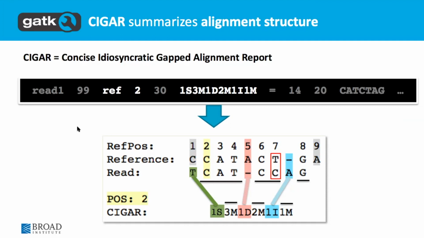There are 3 matches, 1 deletion, 2 matches, and one insertion and another match. When I say matches, I don't mean exact base match. For example, in this case, it's saying 2 matches, but the bases don't match.